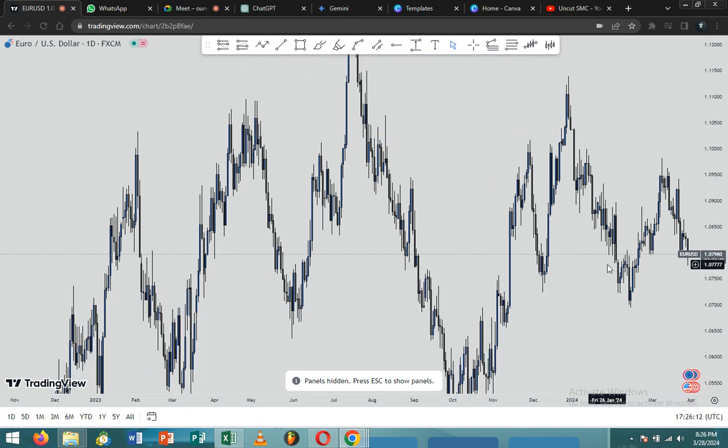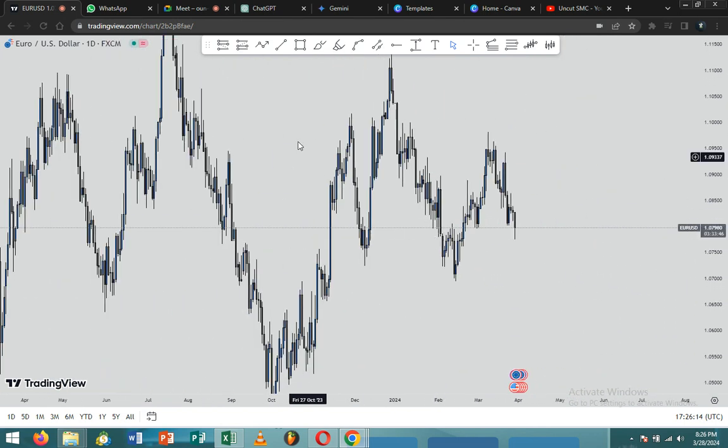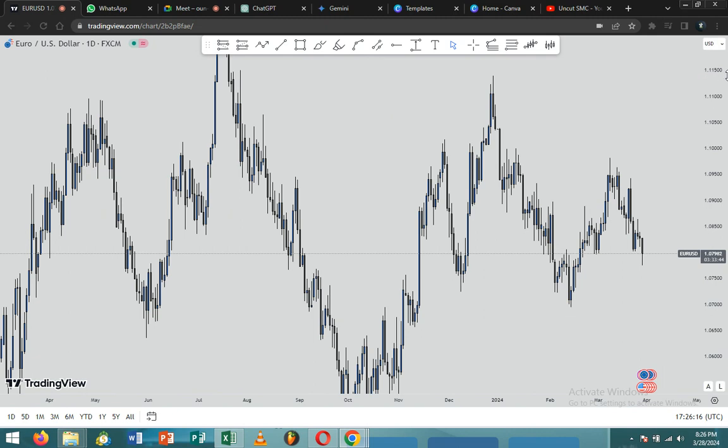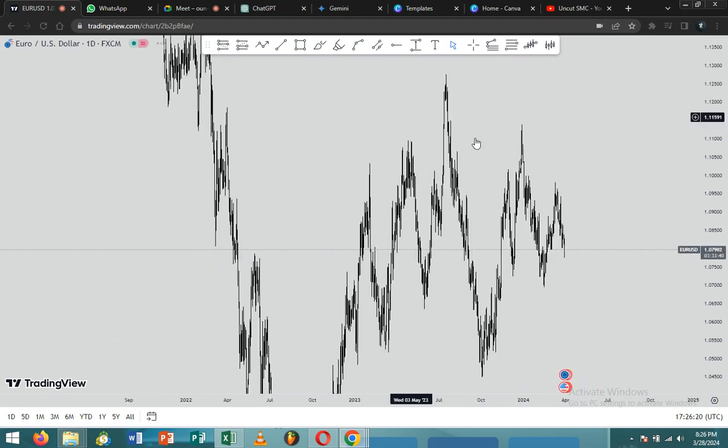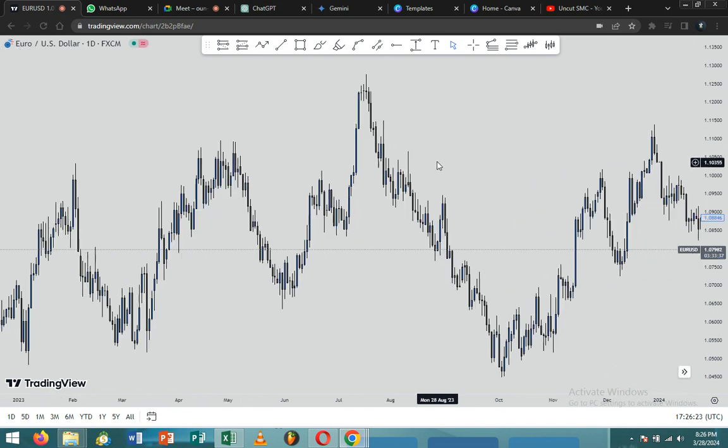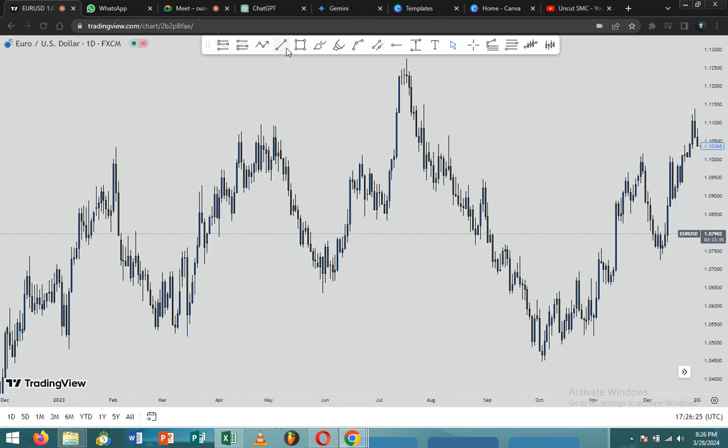Okay, so with EURUSD, you know very well that we turned bearish, and this was our turning point. If you really know what we are covering. So this one being our turning point, our break of structure is here.